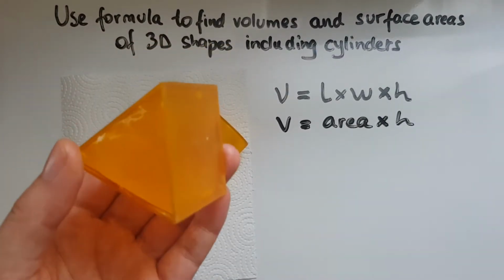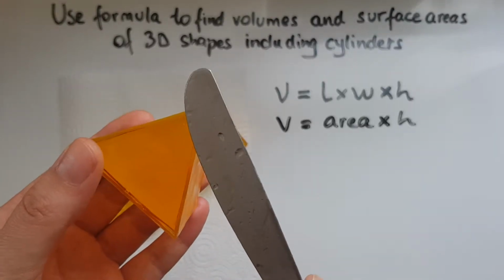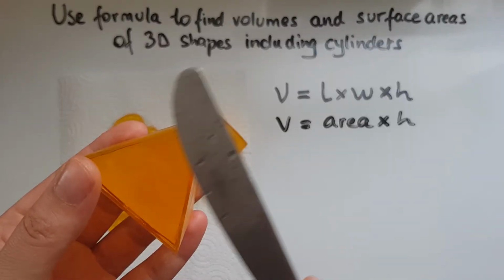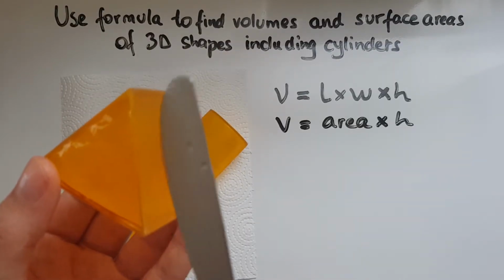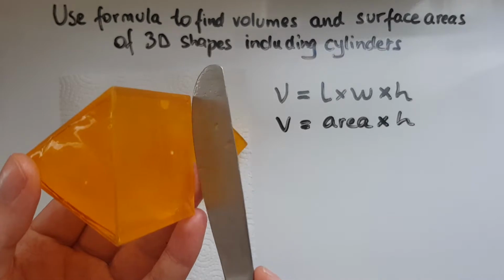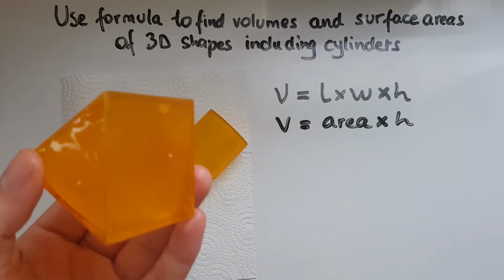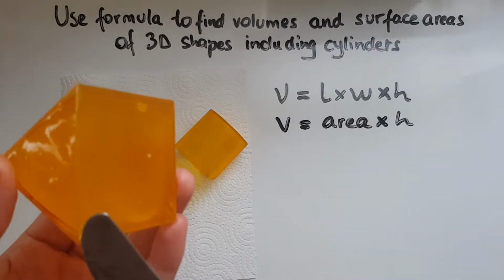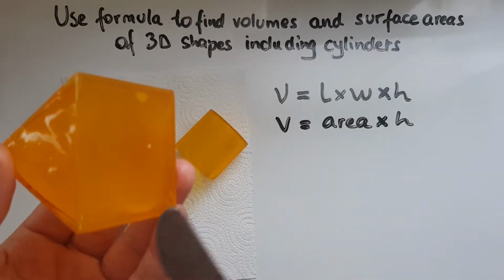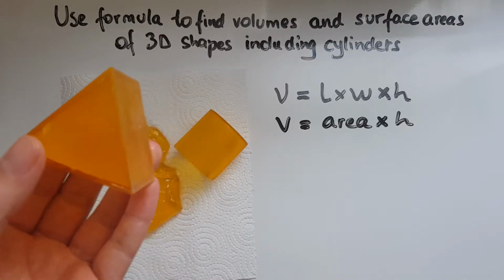So I've got a triangular prism filled with jelly, and this is the cross section. And if I cut slices of this, I'd have many of them throughout the height or the depth. So if I work out the surface area of this and I multiply by the height, then I would have the volume of the shape.